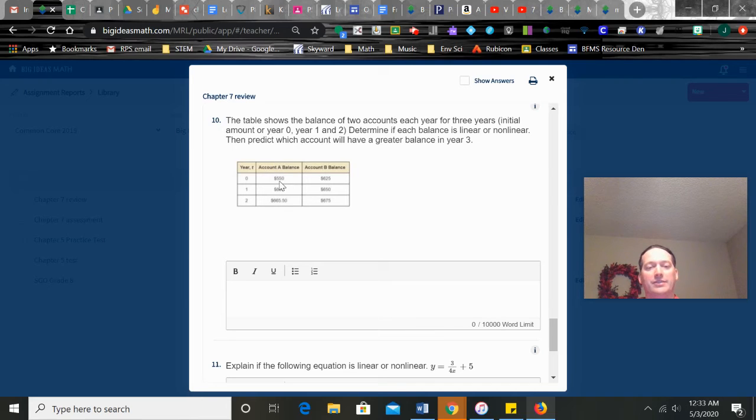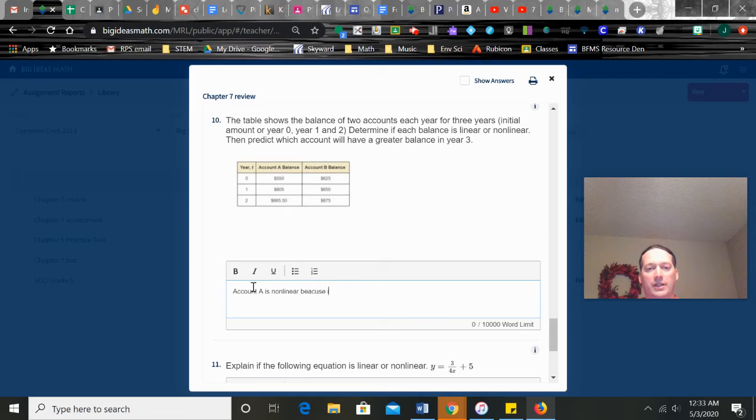So let's look at account A. This is 550. This is 605, so that is a change of 55 over the 1 year. From 605 to 665.50 is a change of 60.50. So that is nonlinear. So account A is nonlinear because it is changing.